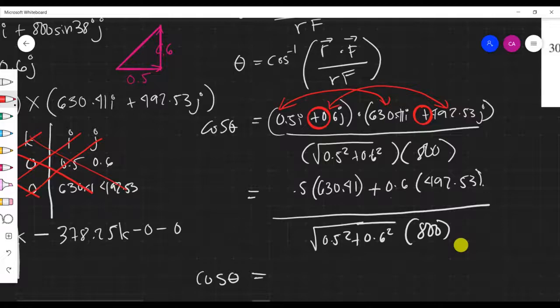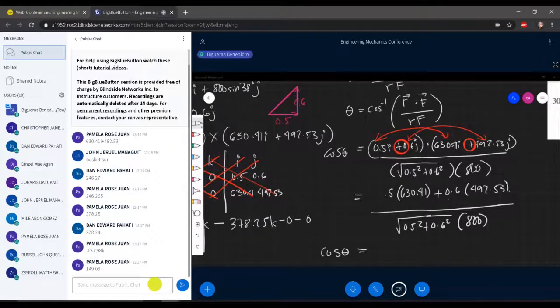Okay? So, pabago. So, 0.563 times 630.41 plus 0.6 times 492.53 over yung magnitude sa baba would be ilan?